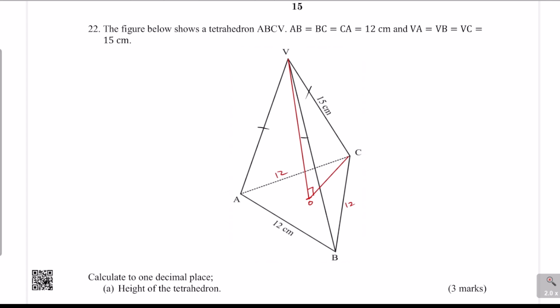If we use the triangle ABC, we can start by extending the line CO until that point there. Now the problem is, I want you to be very keen here.